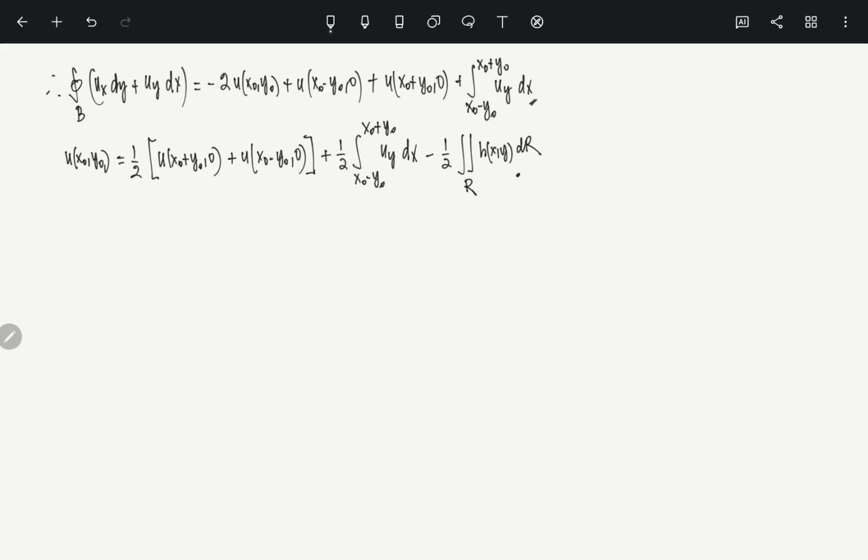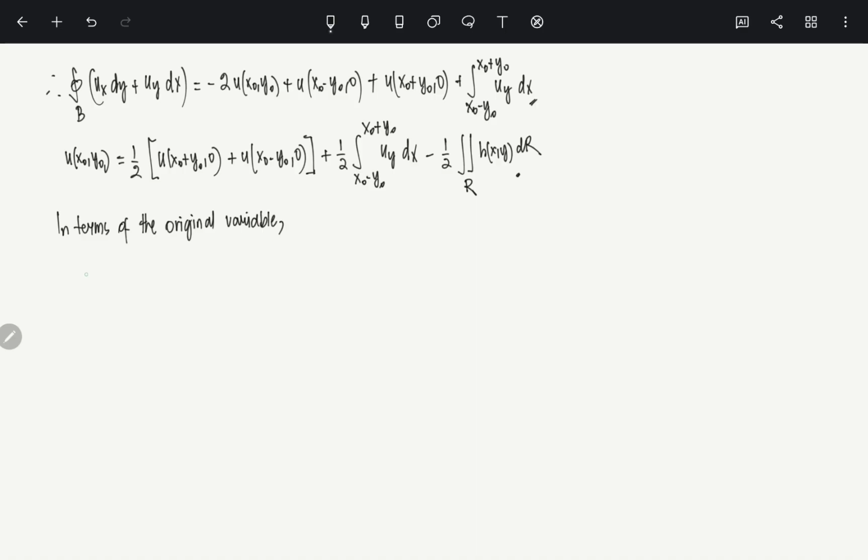Now you see x naught and y naught are essentially arbitrary, right? And there is this change of variable y equals ct. So if you put everything together in terms of the original variable, what do you get? Let's see.